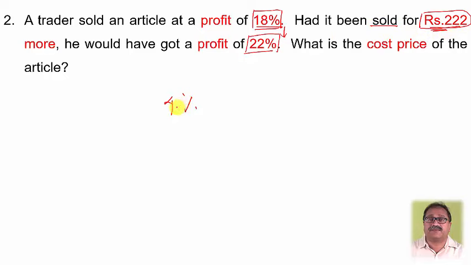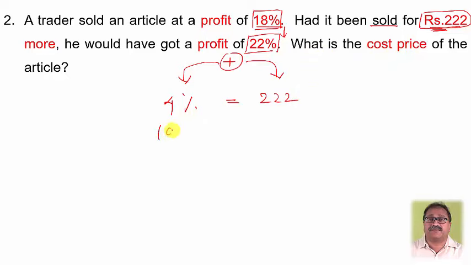Therefore, the increased part in terms of percentage is 4%, and in terms of value, 222. So when 4% of the cost price is 222, what is the question? What is the cost price of the article?